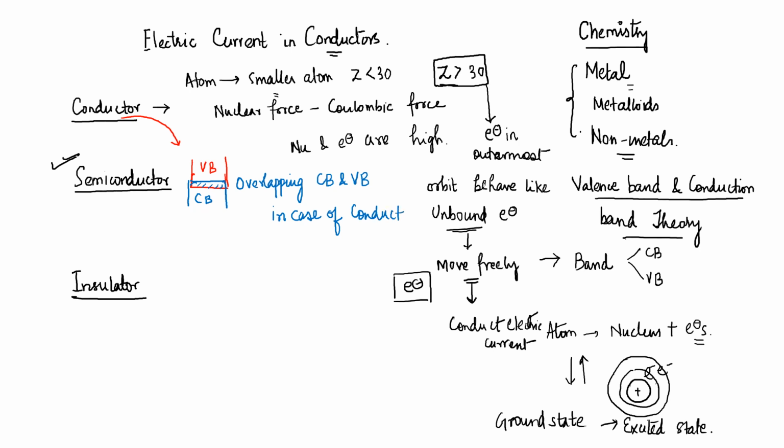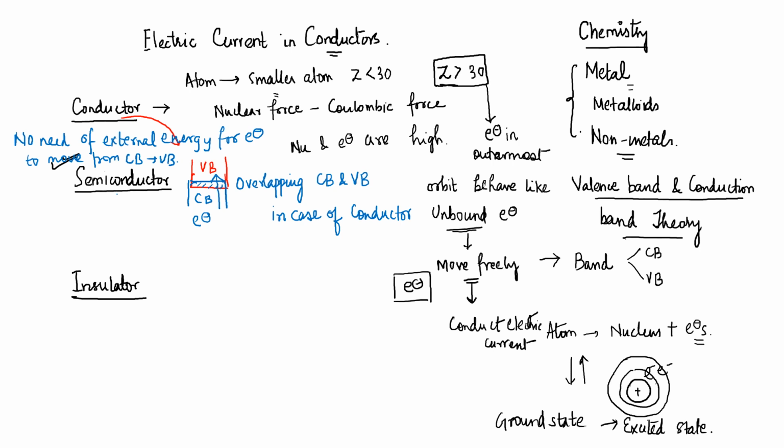So the motion of electrons from the conduction band to the valence band is favored. There is no need of external energy for electrons to move from CB to VB. So when no energy is needed, the flow is favored, and hence the flow of electric charges and electric current is favored in conductors, and they complete a circuit.